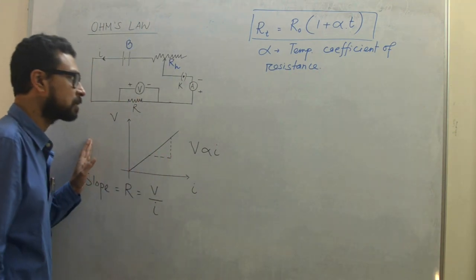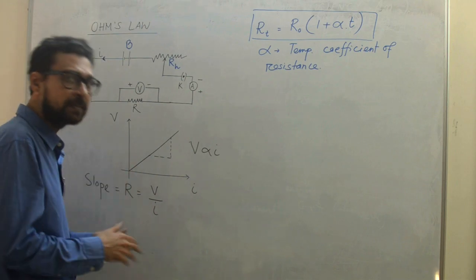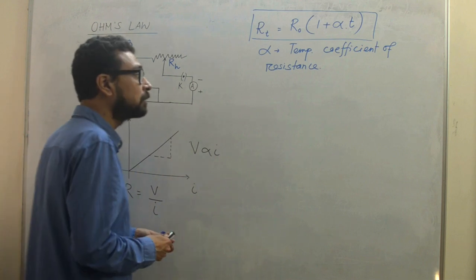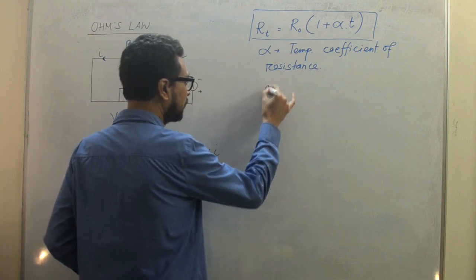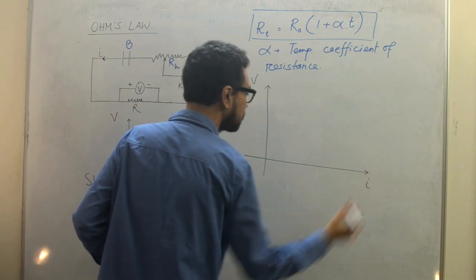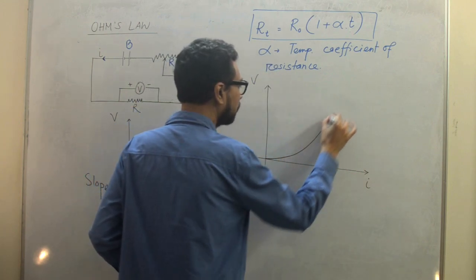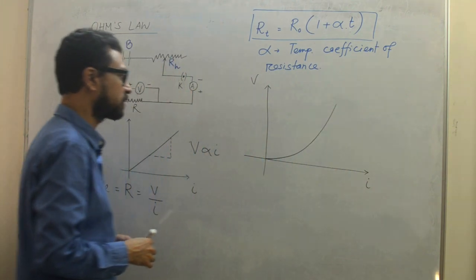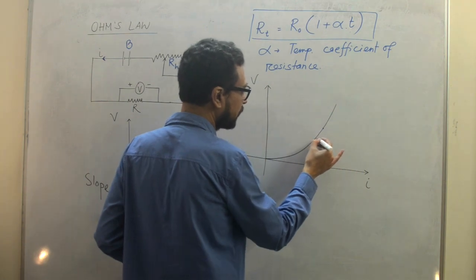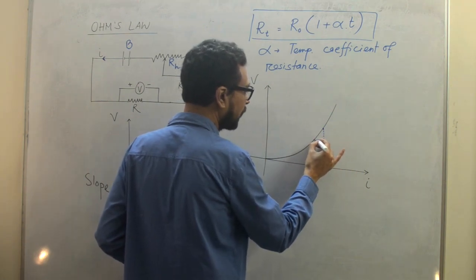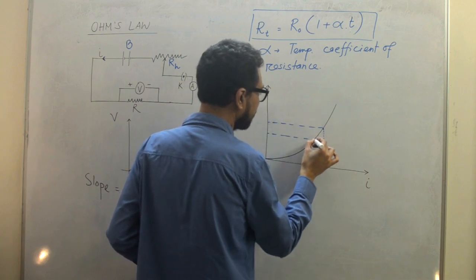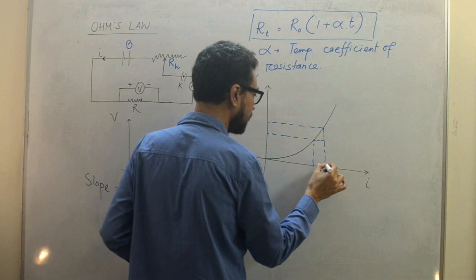So here also the resistance varies, and definitely we won't get a curve like this. We will get a curve which is something different, and that is called a non-ohmic graph, which is the realistic situation. For a non-ohmic graph we get a curve, not a straight line, and in that case we choose certain points and calculate the change in potential as well as the change in current.